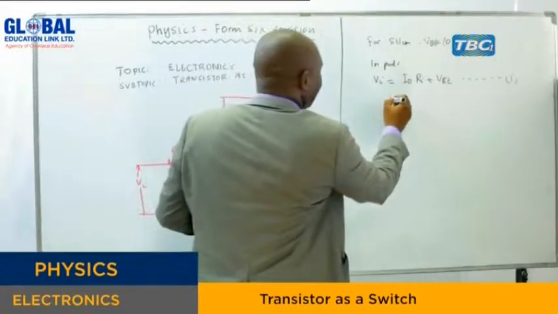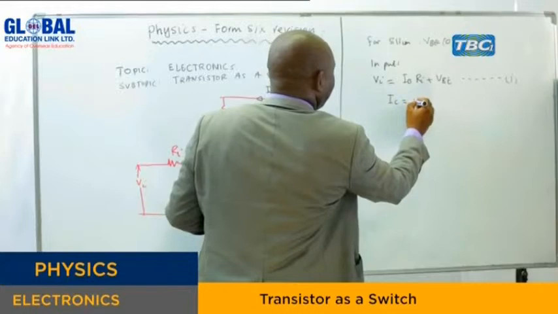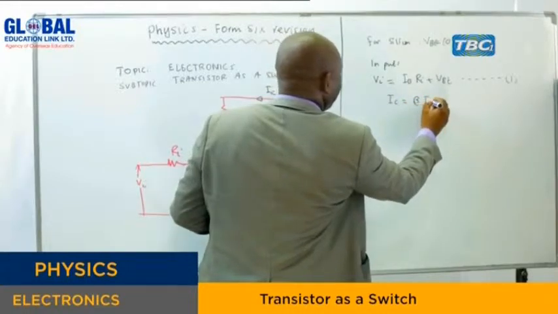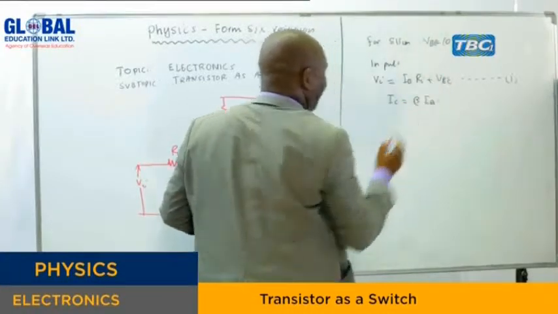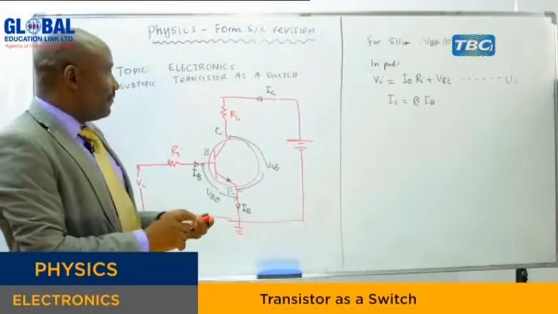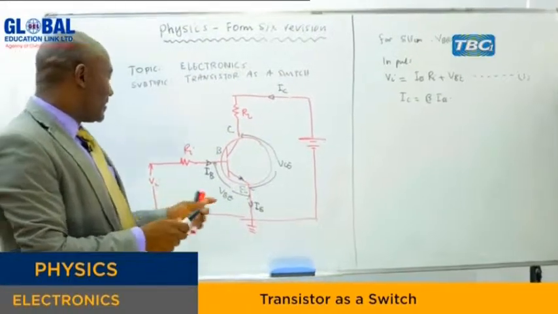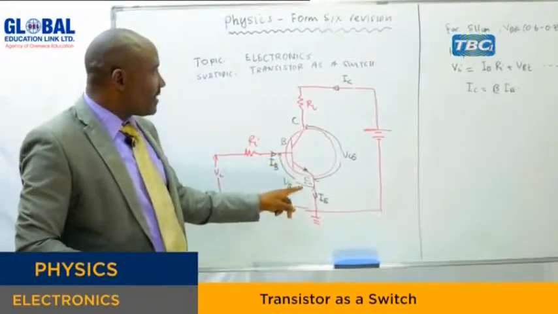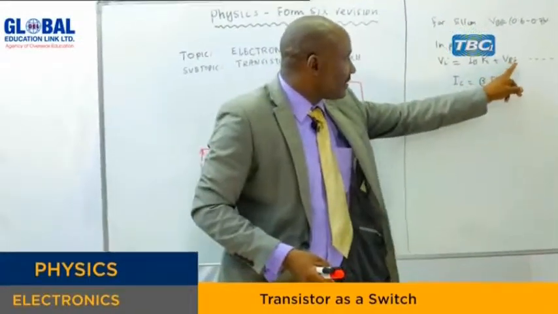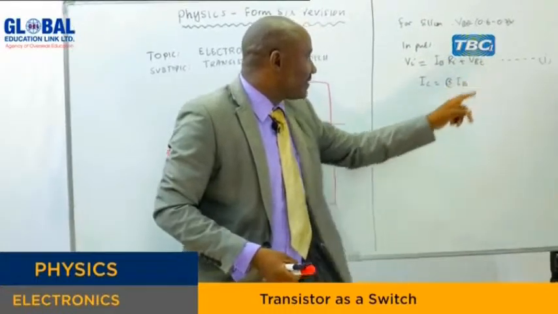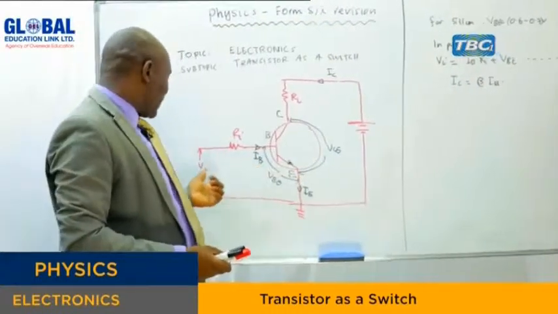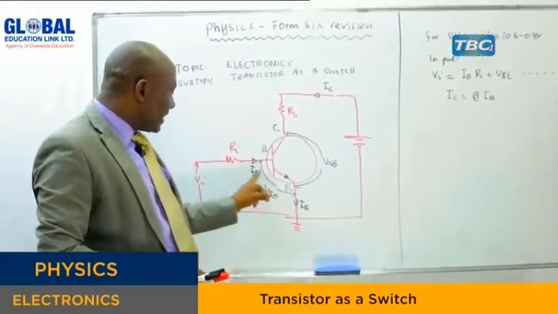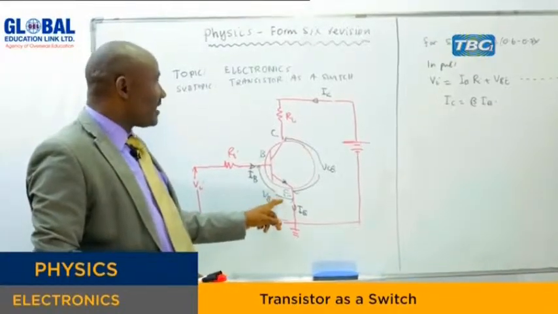And remember that the collector current is given by IB times the beta. Such that in order for the base current to flow here, you must overcome this VBE, which is sometimes 0.7. So the applied voltage should be greater than that voltage. Otherwise, we don't have the current.